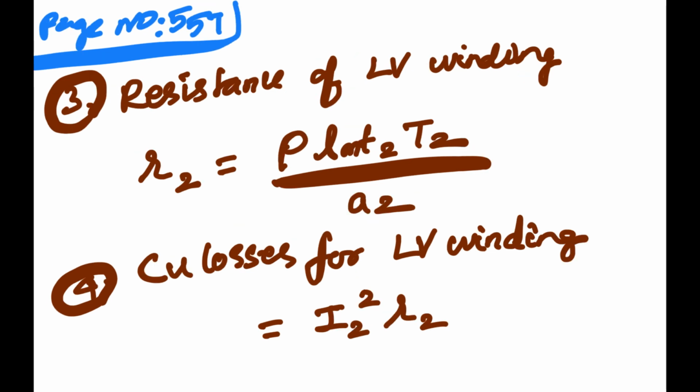Third point: resistance of LV winding, small R2S, is rho LMT2 T2 divided by A2. Fourth point: copper losses for LV winding is I2 squared into R2.